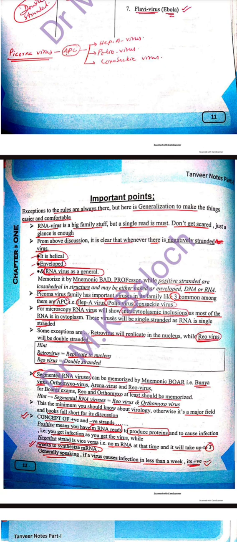So segmental RNA viruses can be memorized by a mnemonic. Bunyavirus, orthomyxovirus, arenavirus, and reovirus, which is double-stranded. Okay. So for board exam, Reo and orthomyxo at least should be remembered.